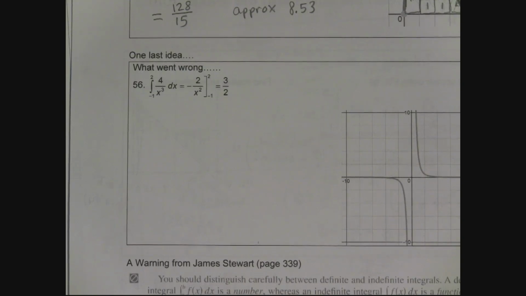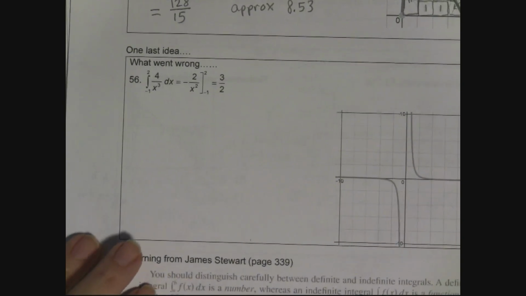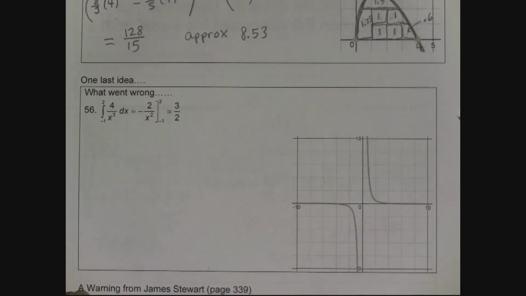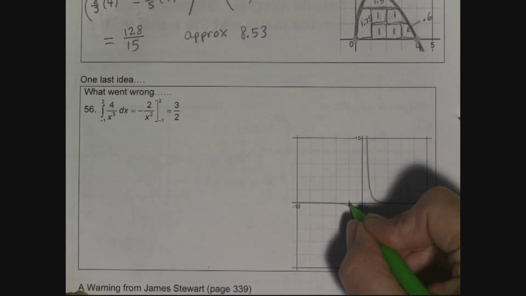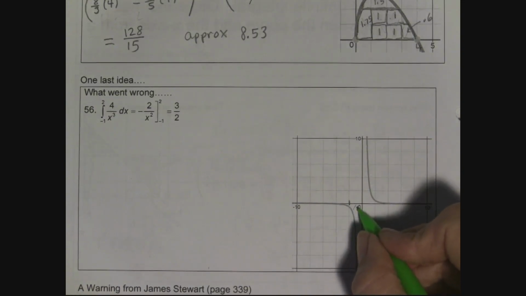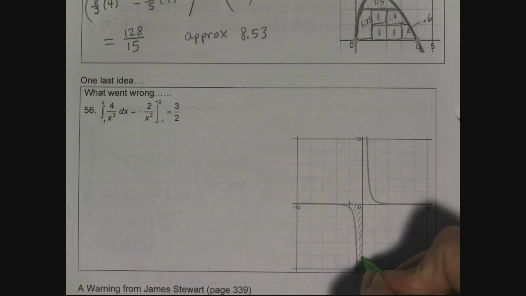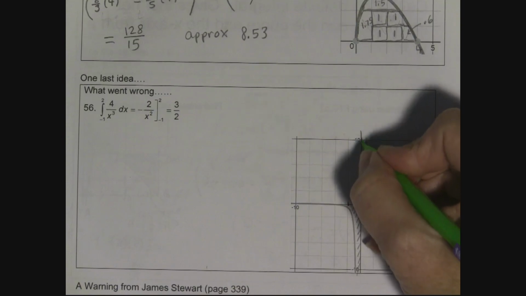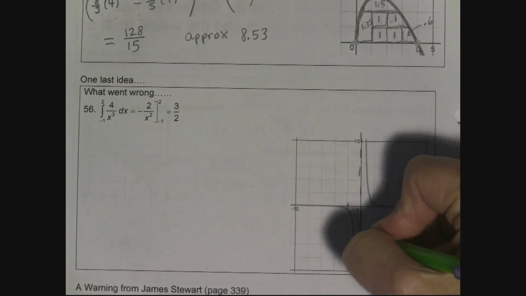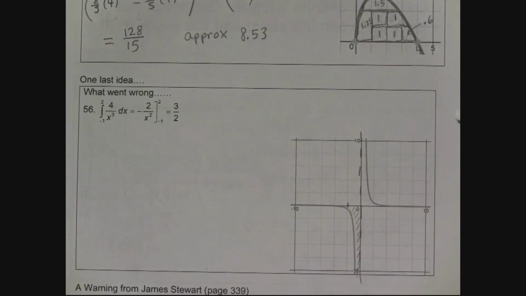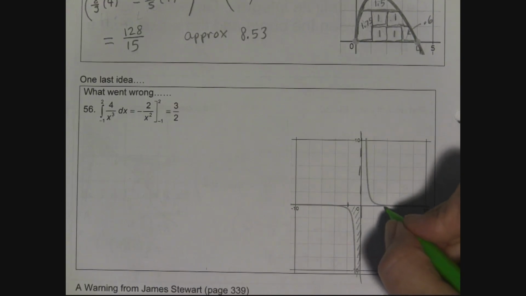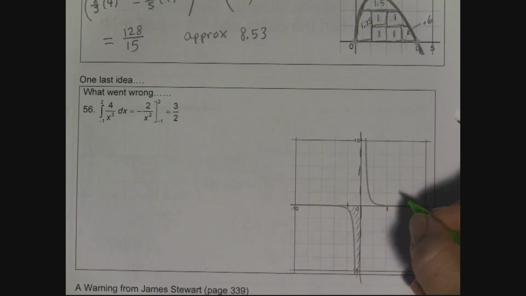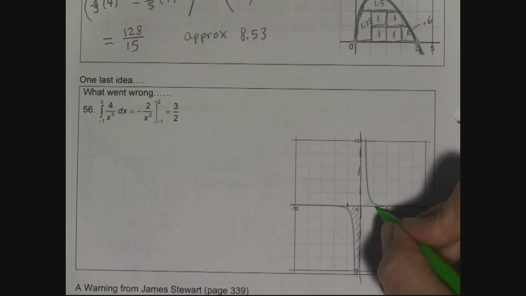They're asking us here what went wrong. I've drawn the picture over here so that you can see. Here's -1, and because there's an asymptote right here, this area is going to negative infinity, and then over here to 2, because it's below the x-axis.